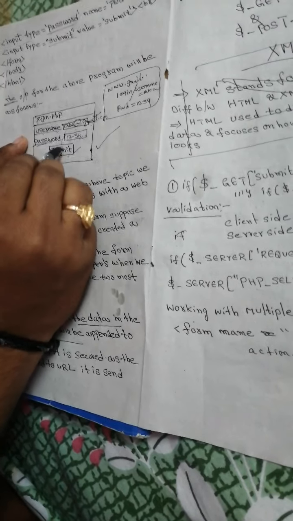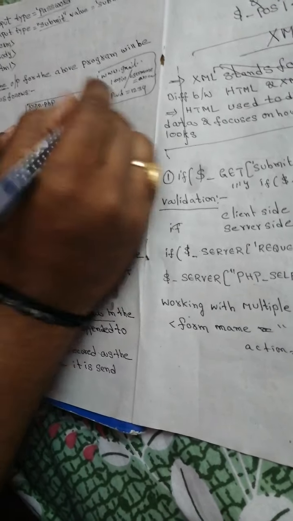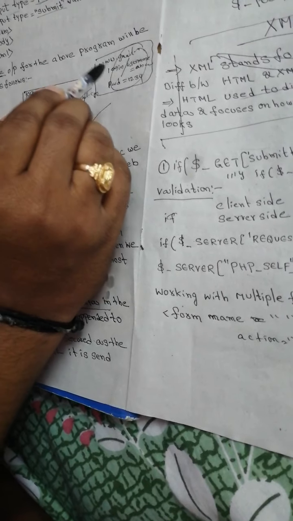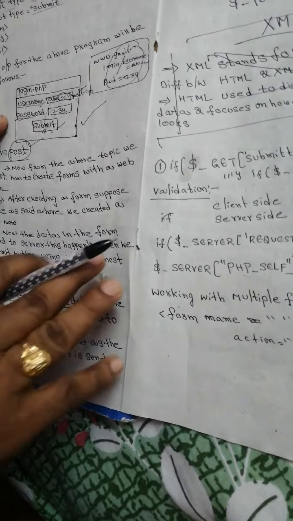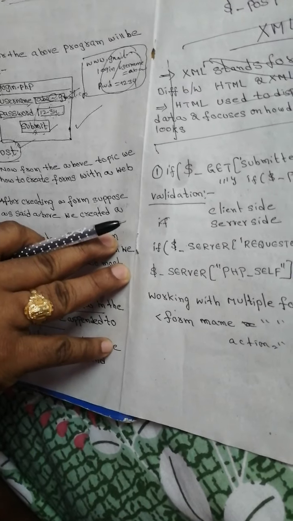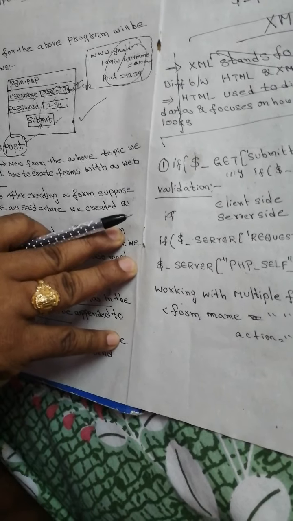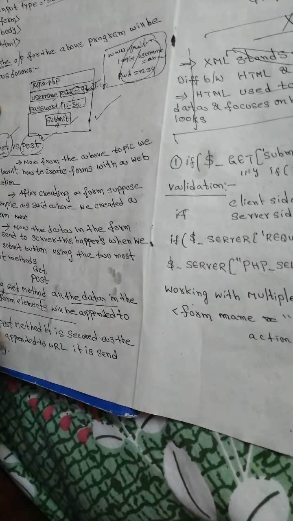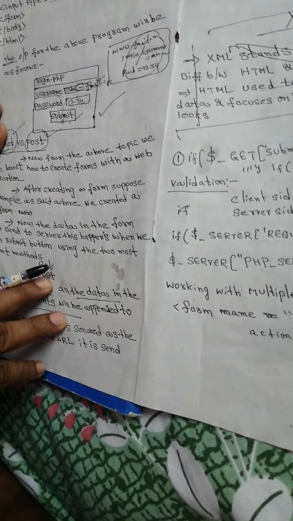That is, the data is visible in the URL. When the data is visible in the URL, there is a chance to hack that data. So that is why the get method is not encouraged.